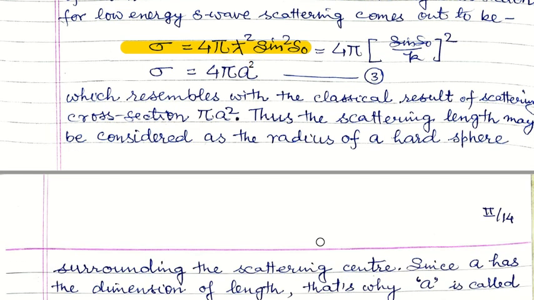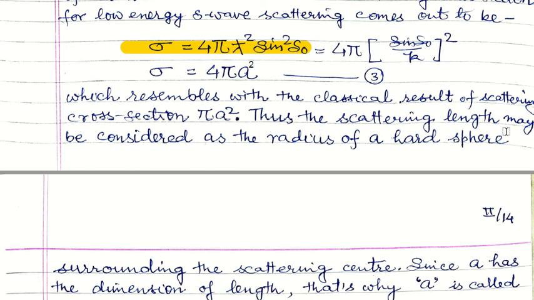Take a sphere of radius a around our scattering center, then the total surface area of that sphere is equal to the scattering cross section, which resembles the classical result. We must have read this scattering cross section in classical mechanics many times, pi a square, which is the area of a circle surrounding the scattering center.